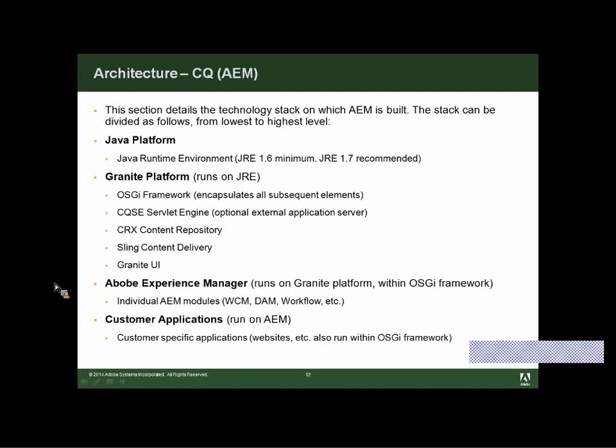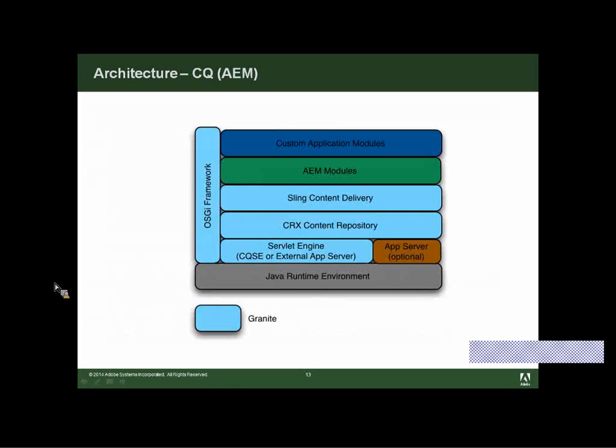So graphically, if you want to present it, it will be like this. The underlying architecture is Java, where all things run, and there are the content repositories, and the Sling content delivery features are available.